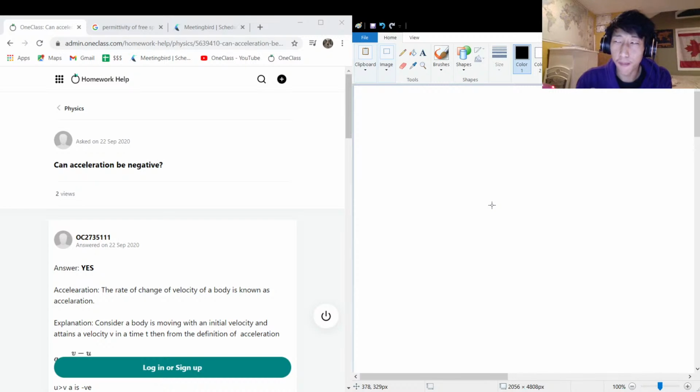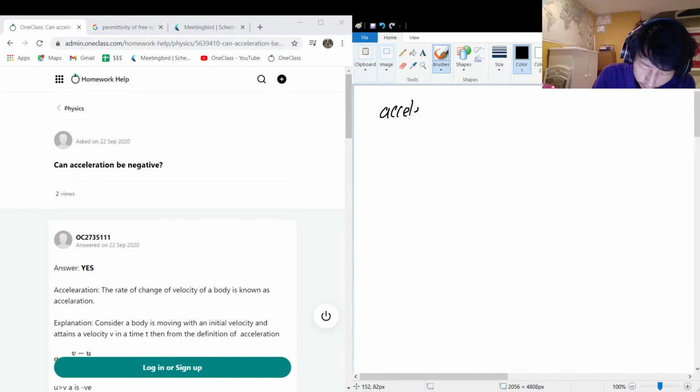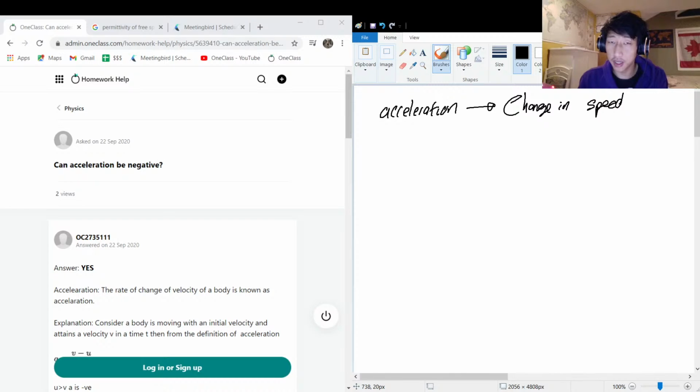But the physics definition is that acceleration is change in speed. I could change my speed so that I'm faster, or if I'm already super fast, I can change my speed to be slower if I just stop. So anytime you change your speed, there is an acceleration going on.